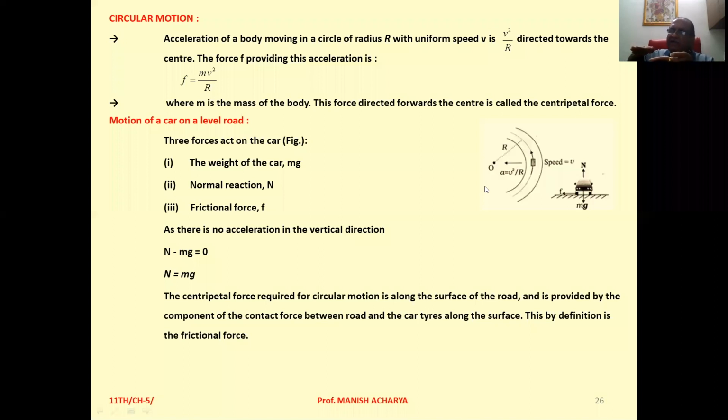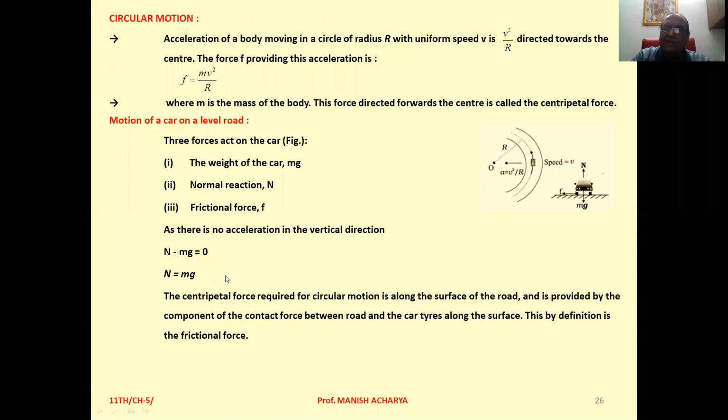When the car is moving on the horizontal curved path, vertical equilibrium is there. It implies that the vertical forces are perfectly balanced. So N and mg are perfectly balanced, so N equals mg.